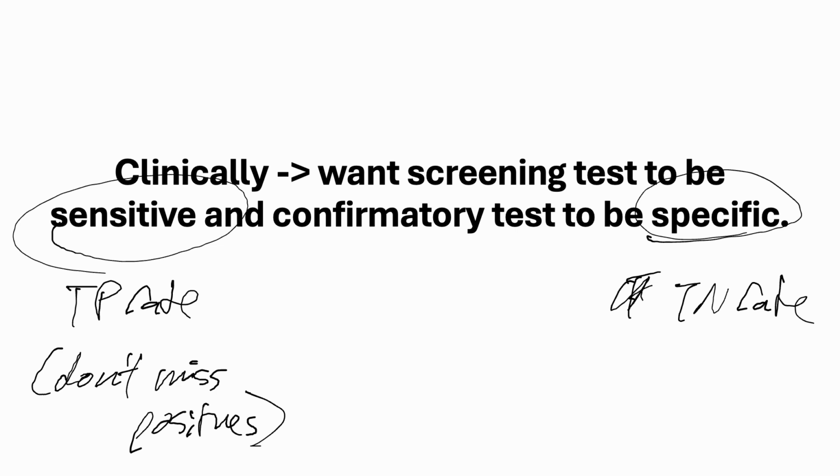A specific test will be more likely to call something negative, so if a test does call a person positive, it's more likely to be true, essentially. It'll affect your positive predictive value, which we'll talk about in just a second. So you don't want to overcall your positives.